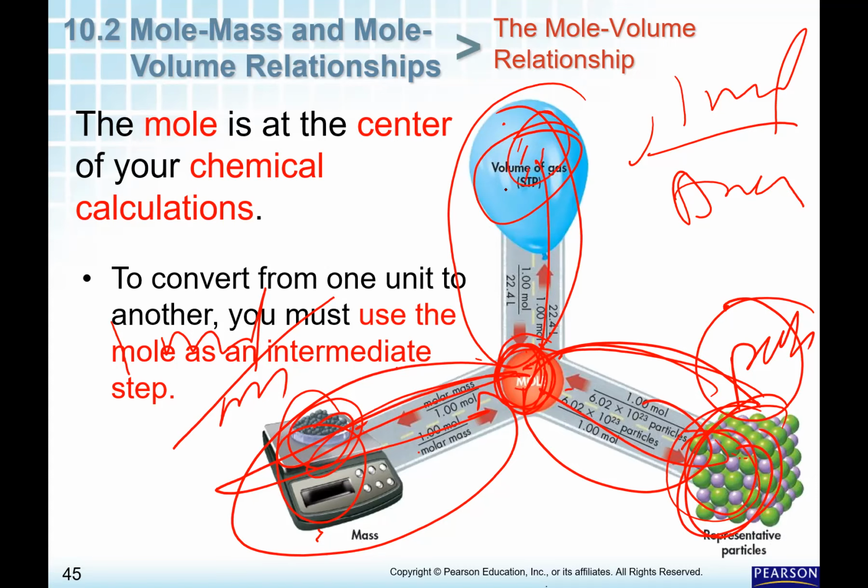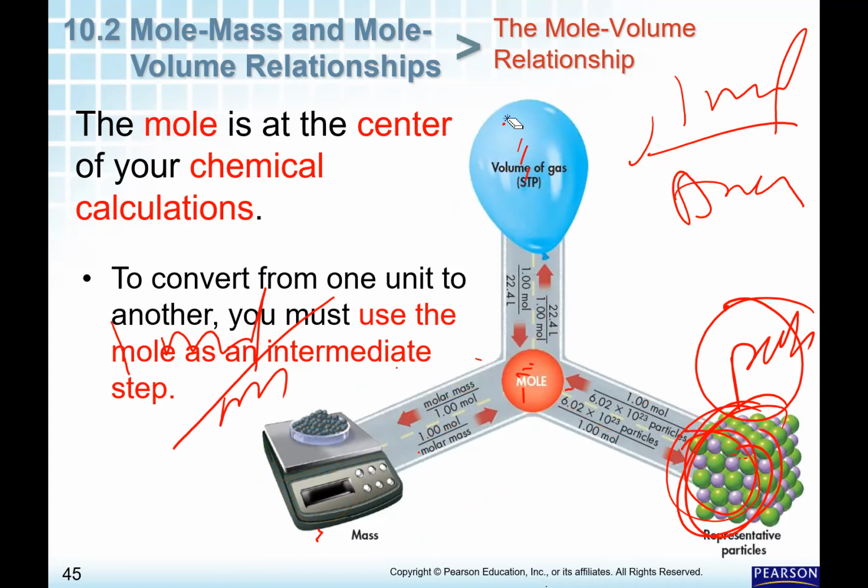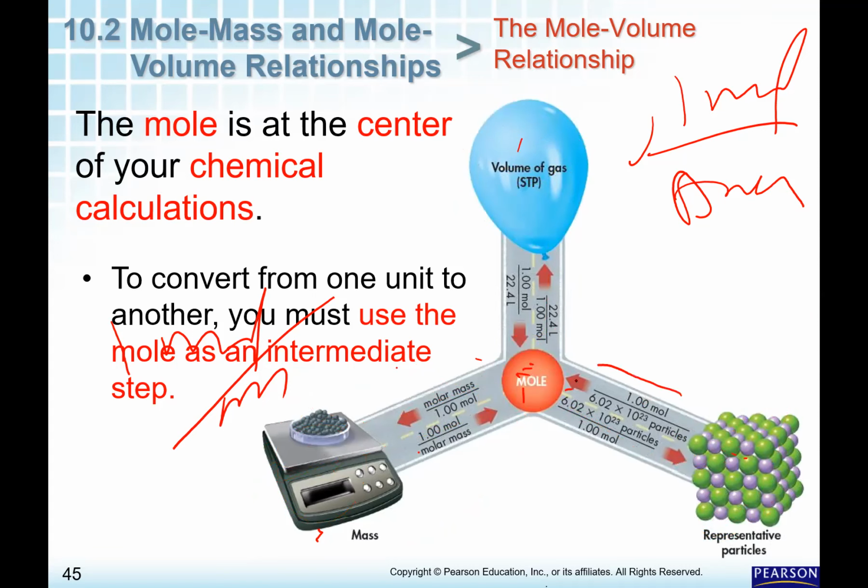The conversion factors again are written for you over here. This is the conversion factor that will take you from the particles into moles. This is the one which will take you back from moles into particles. This is the molar mass over 1 mole, which will take you from the moles into grams, and grams into moles using this one. This is the one which will take you from the volume into moles, and moles into volume.